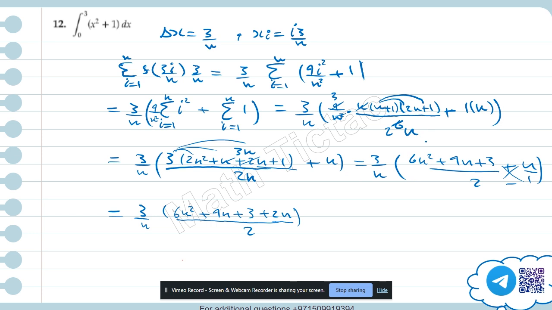So now limit as n tends to infinity of 18n squared plus 6n squared, which is 24n squared, plus 27n plus 9, over 2n squared. So I will take the highest over the highest, which is 24 over 2, the leading coefficients only, which is equal to 12. That's it. This is the answer to my question.